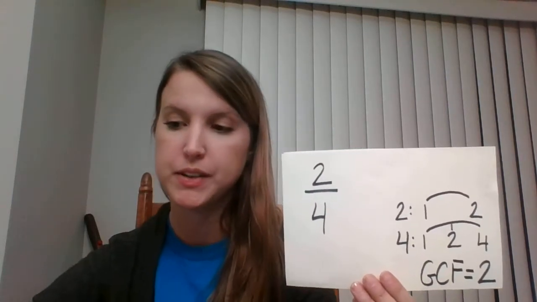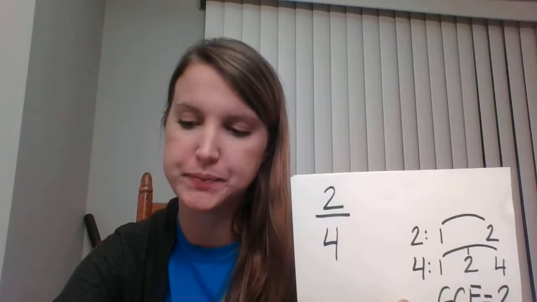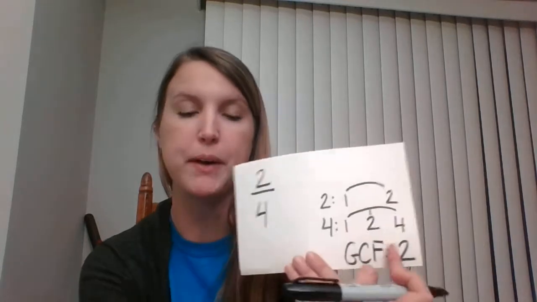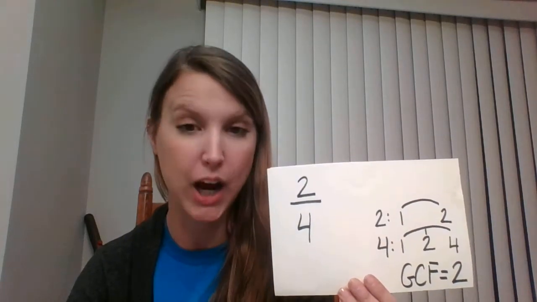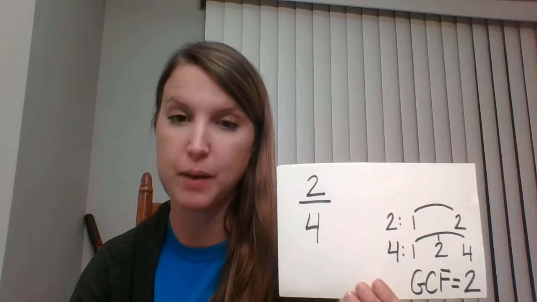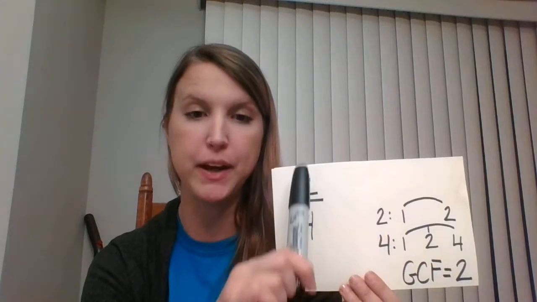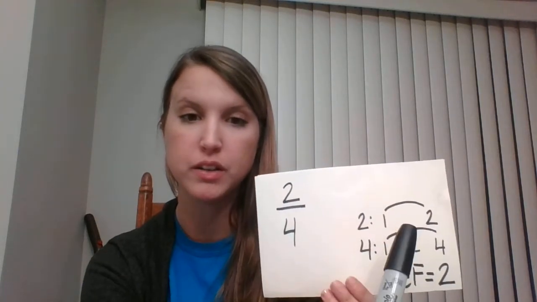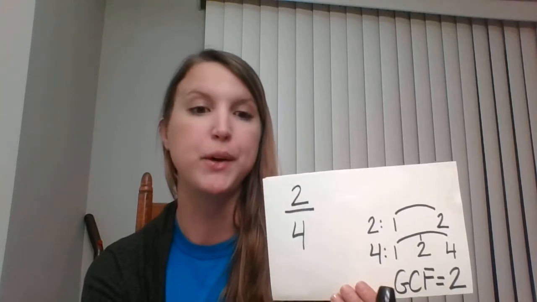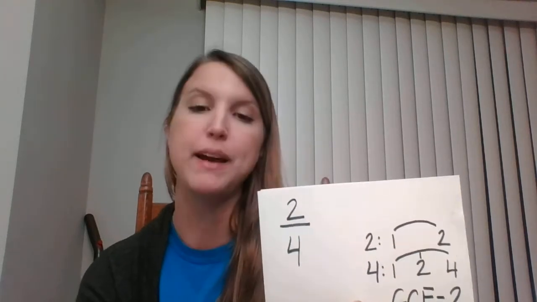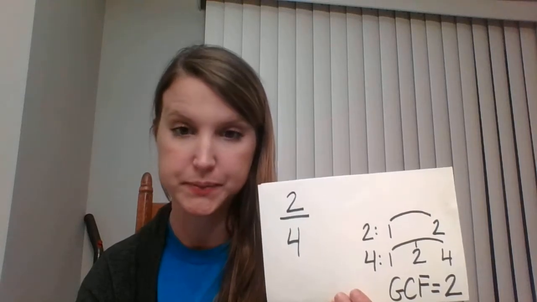All right, so if I'm looking at 2/4 again, I've got my greatest common factor of 2. I'm going to divide now by my greatest common factor. Okay, so my first step was to find my factors of 2 and 4, which were my numerator and denominator. My next step was to find my greatest common factor, and my last step is to divide by that greatest common factor, okay?